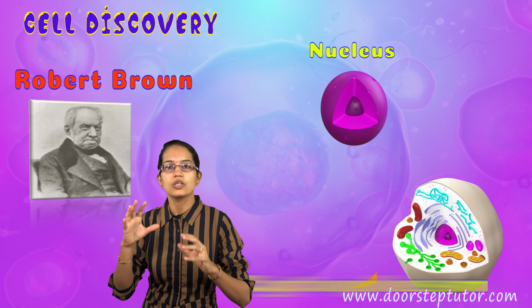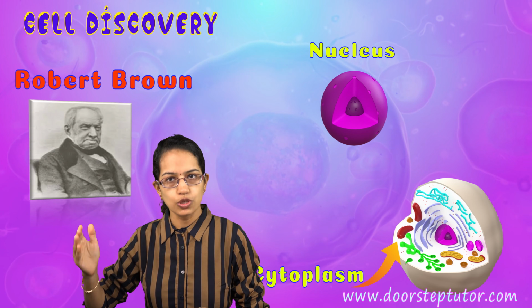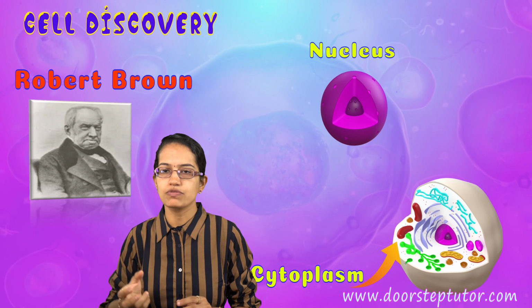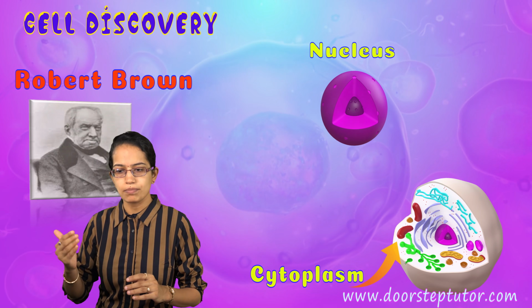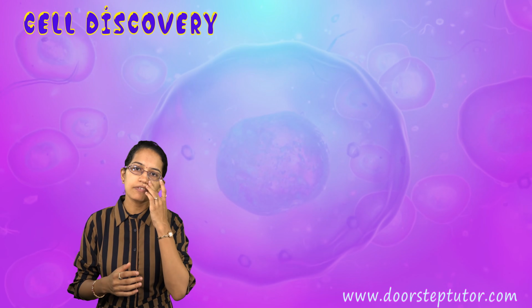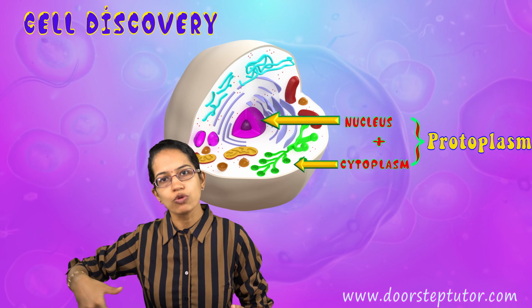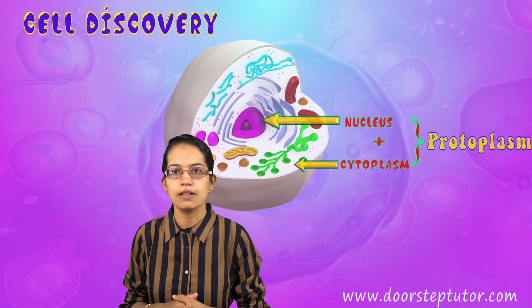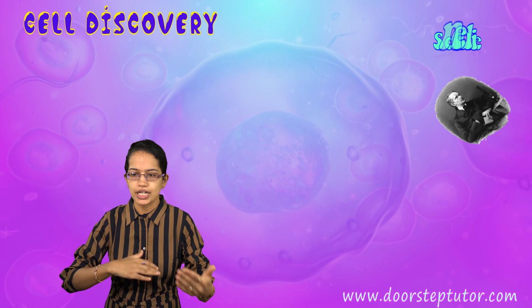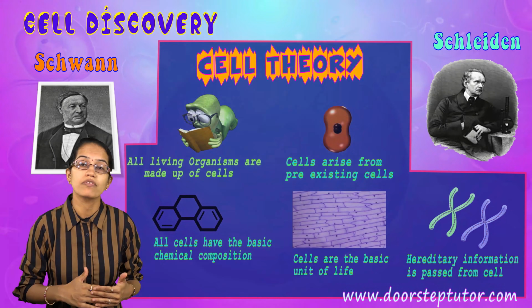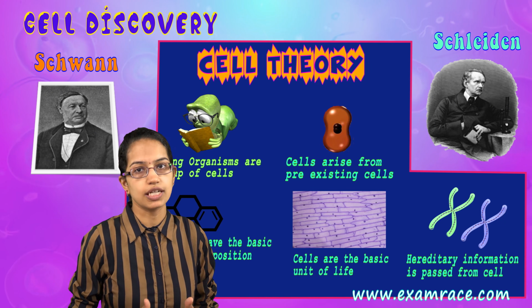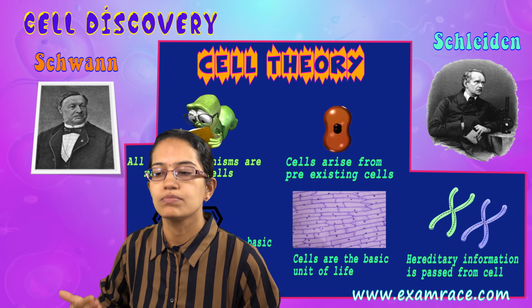So within the cell you have the cytoplasm and the nucleus, and this discovery of the nucleus was given by Robert Brown. Purkinje gave the term protoplasm, which is the fluid substance that fills the cell. Then you have Schleiden and Schwann, who laid forward the cell theory, which we will study in classes 11th and 12th in more detail.